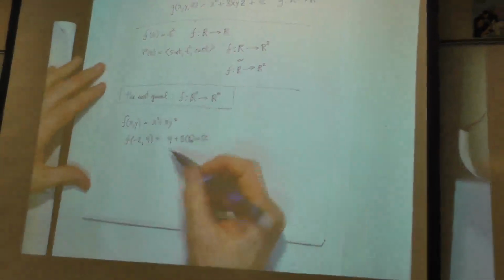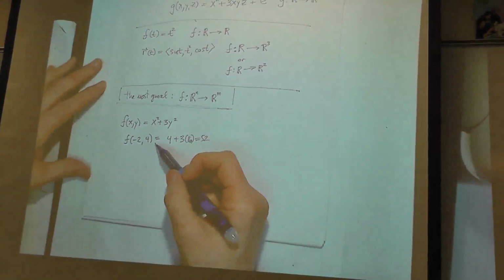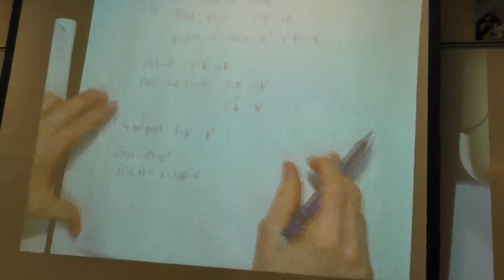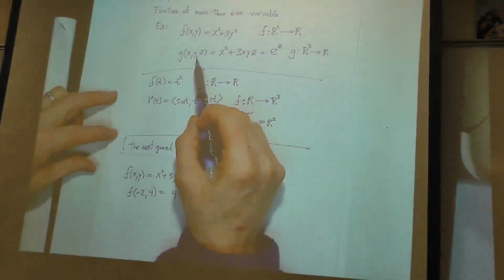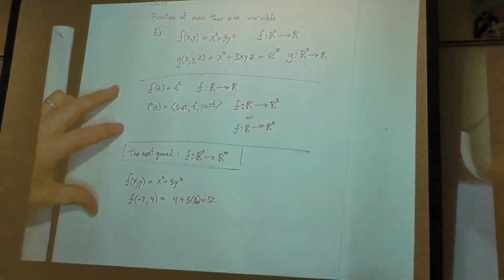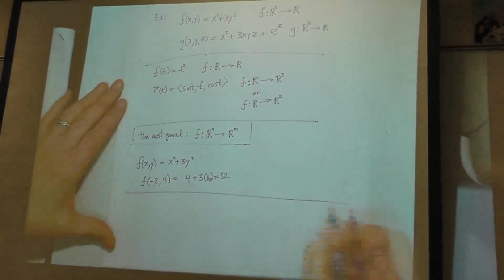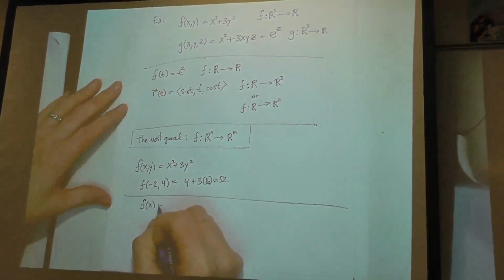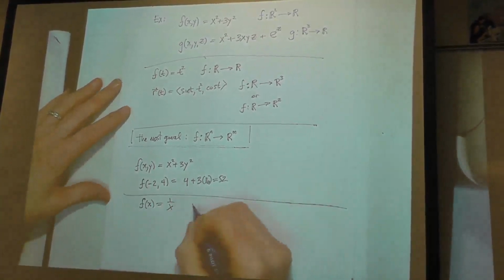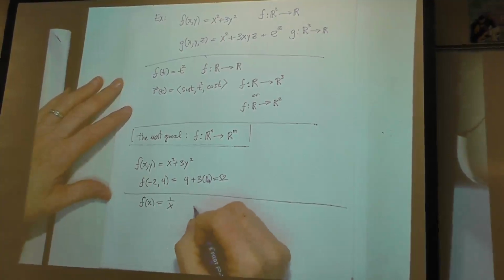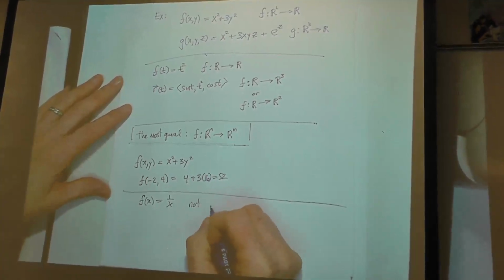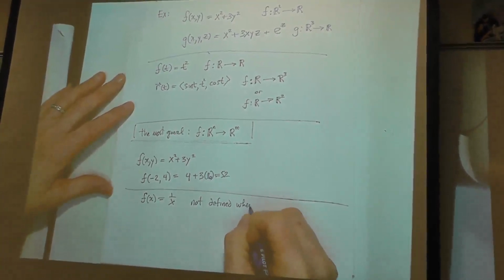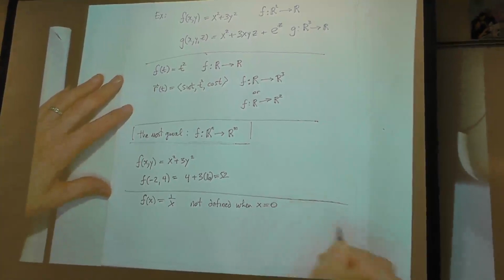One can look at the domain of these functions. The domains are in 2 or 3-dimensional space. So you have an old problem of f of x is 1 over x, and this is not defined when x is 0.